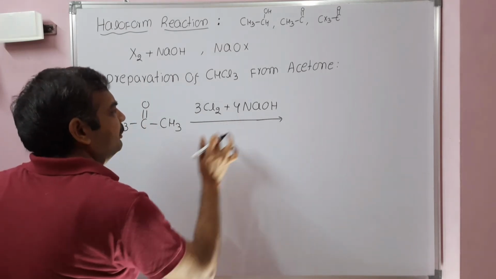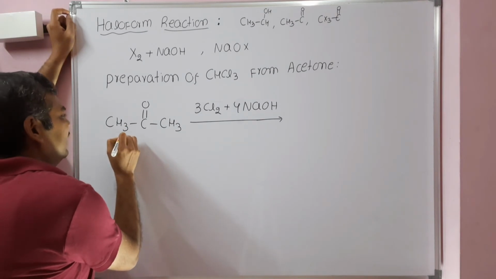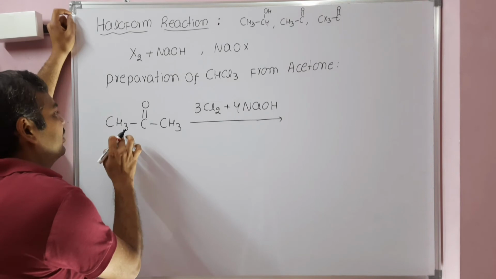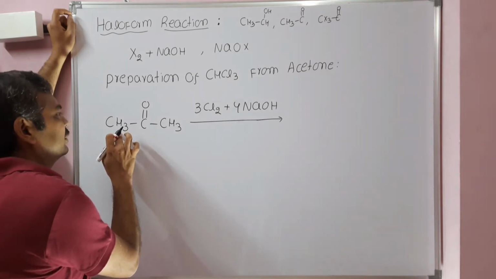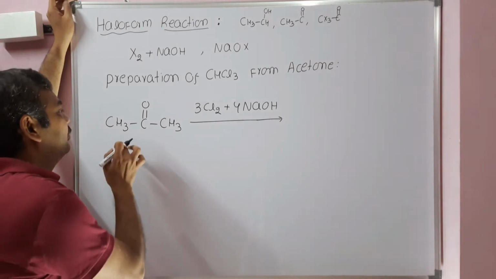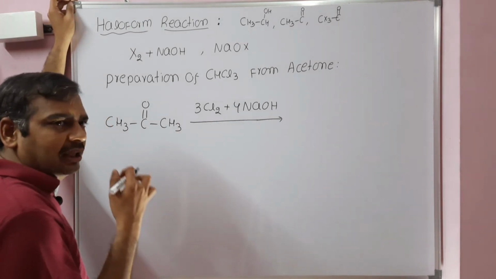Why 3 moles? For 3 hydrogens to be converted, 3 chlorines are required. To abstract a proton, 3 sodium hydroxide are required.